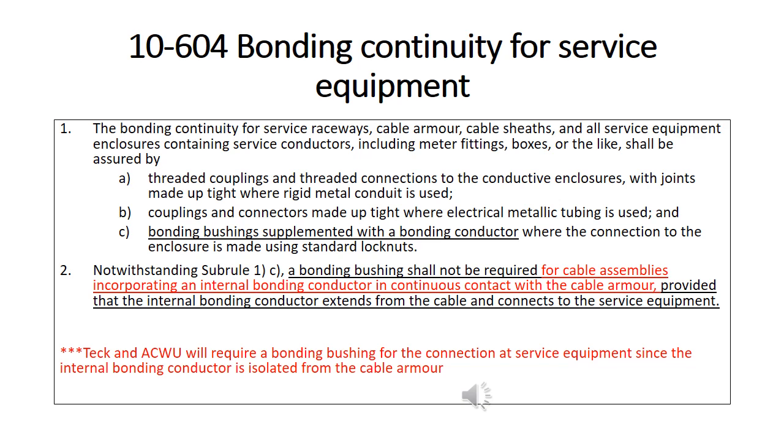Please consult your local authority having jurisdiction to determine the number of bonding bushings that are required. Some authorities having jurisdiction are requiring bonding bushings at both ends, and some are requiring bonding bushings at one end only. Please be careful of this rule and consult your local authority having jurisdiction for further information.